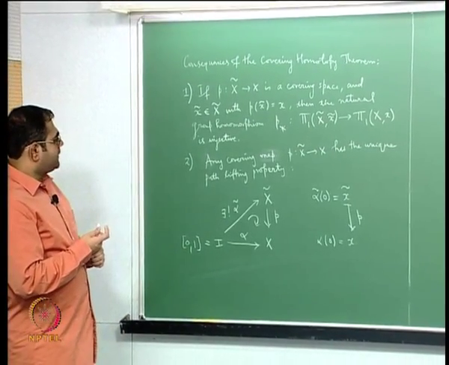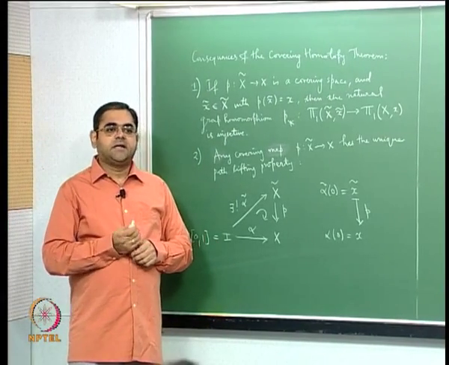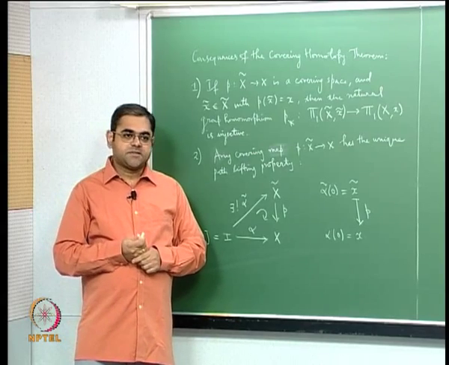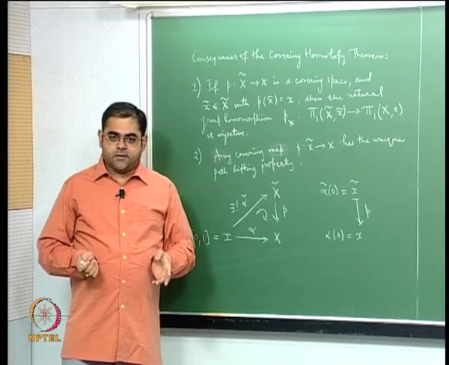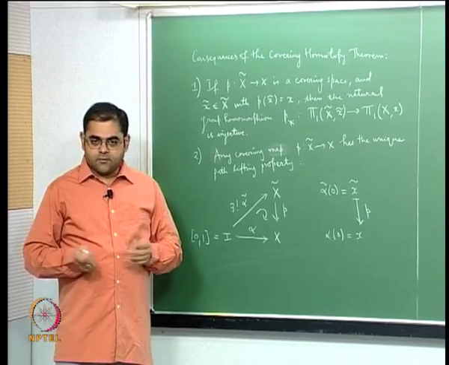Of course I should again remind you that in general we are always assuming that all our spaces are Hausdorff spaces, they are all arcwise connected, locally arcwise connected and locally simply connected.